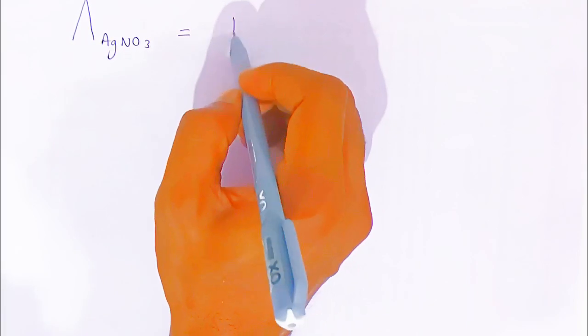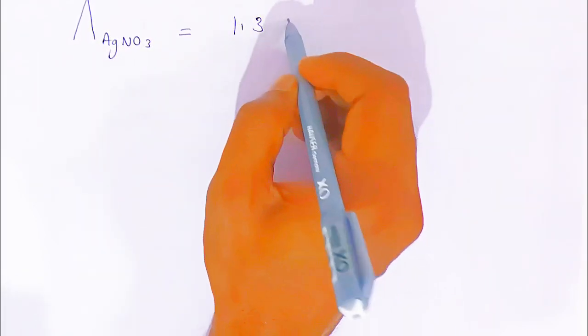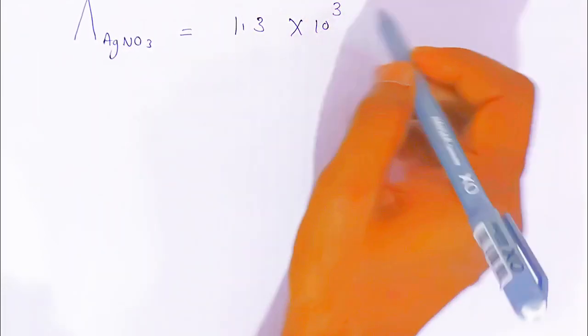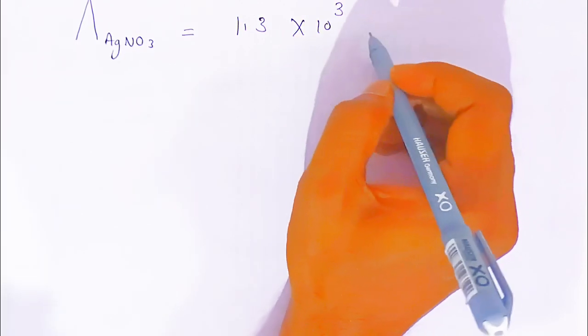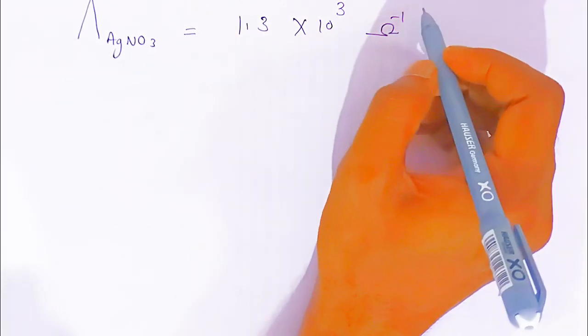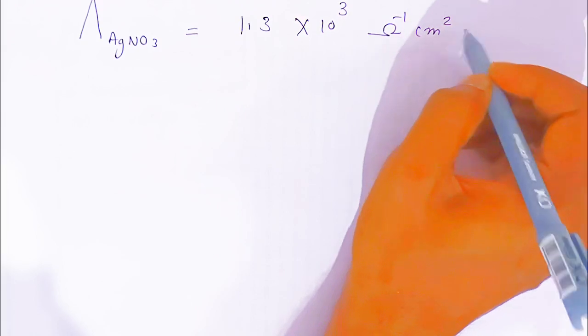The molar conductivity of silver nitrate is nothing but 1.3 into 10 to 3, that is we are writing per ohm centimeter square per mole.